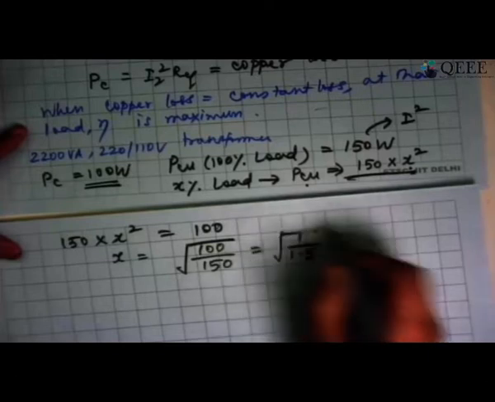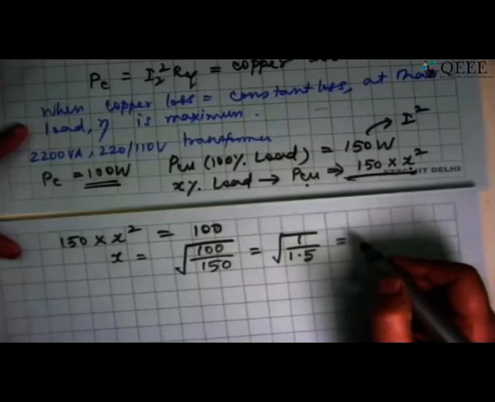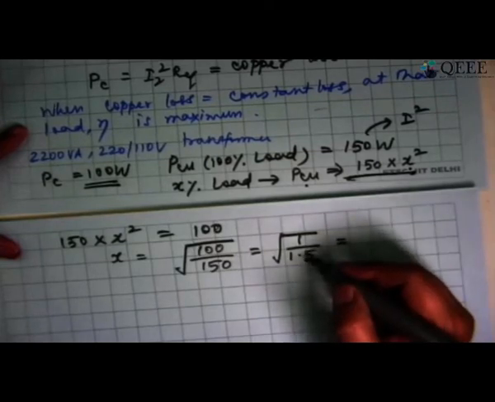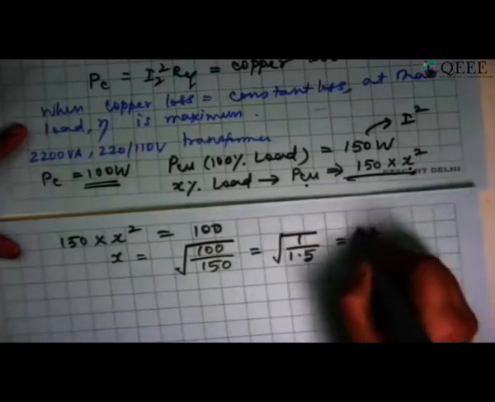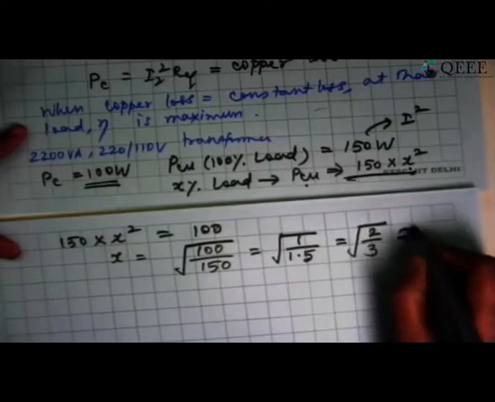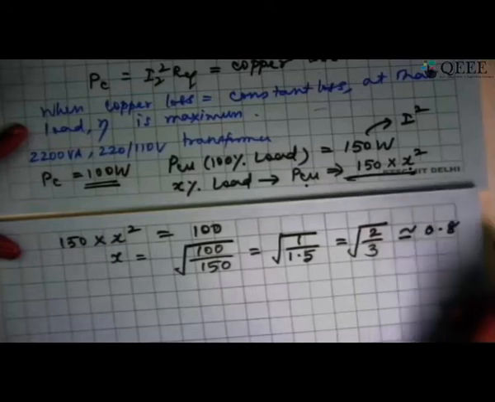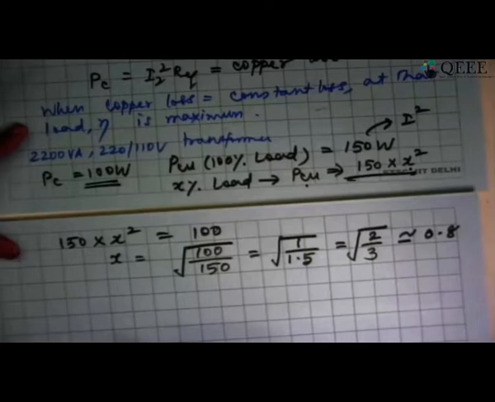Can one of you calculate and tell me if you have the calculator? It will be 2/3, about 0.66. So the square root of 0.66 will be approximately 0.8. I'm not saying it's exact, it will be approximately 0.8.